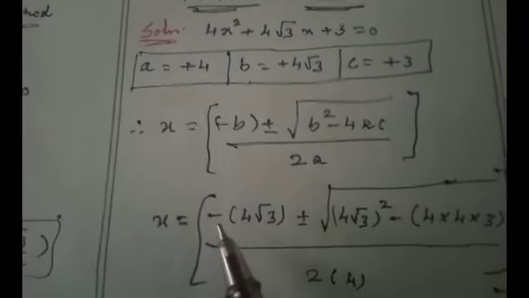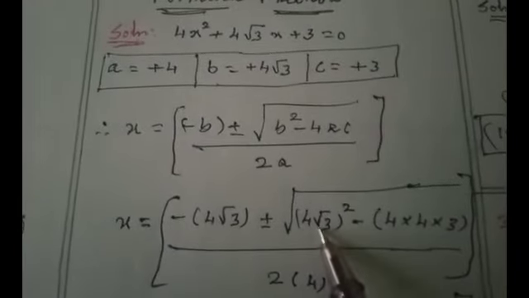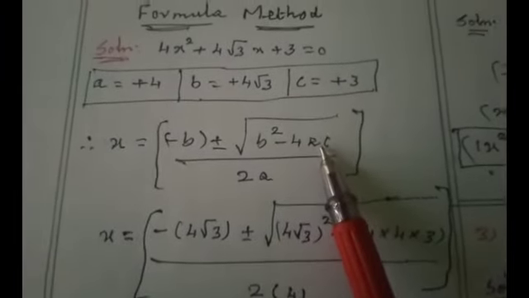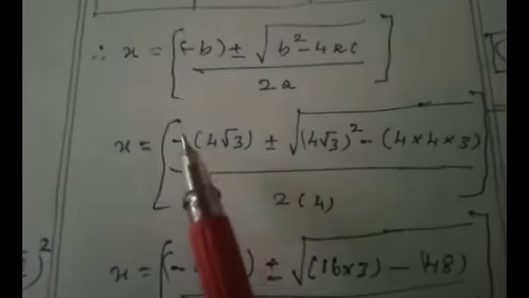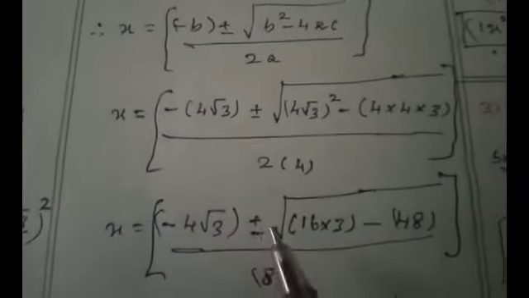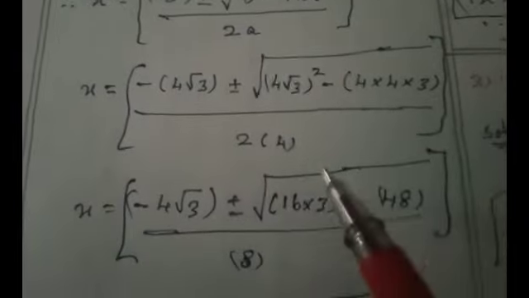So we have substituted minus of 4 root 3 plus or minus square root of 4 root 3 the whole square minus 4 into a, which is 4, and c, which is 3. So this is minus 4 root 3 plus or minus square root of, so 4 root 3 on squaring, 4 square into root 3 square. 4 square means 16, root 3 square means 3.